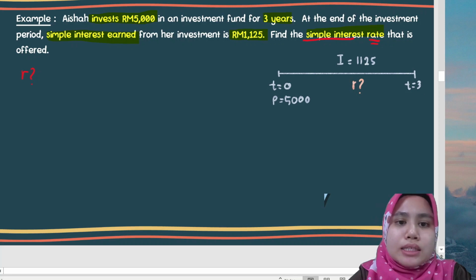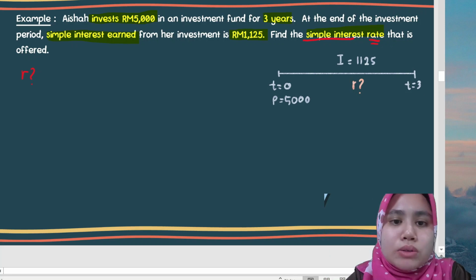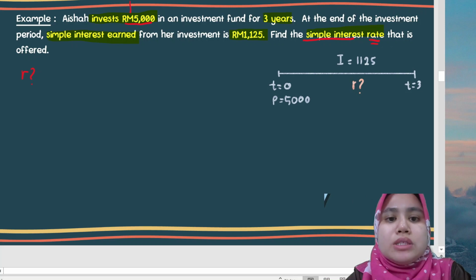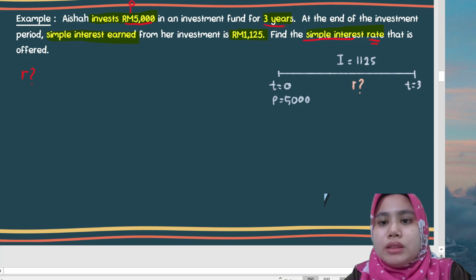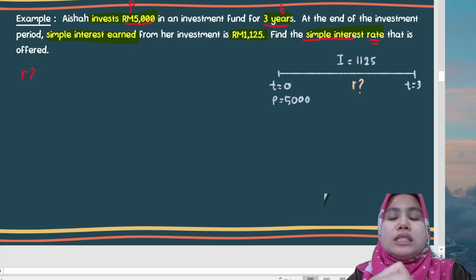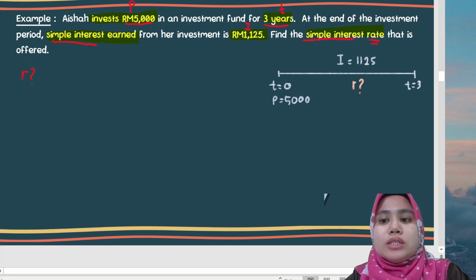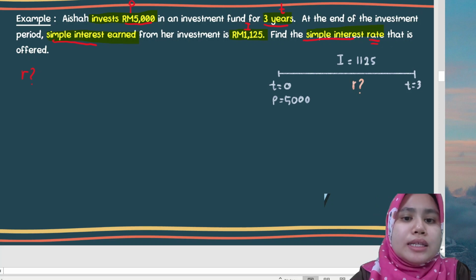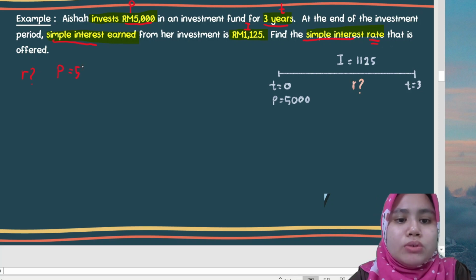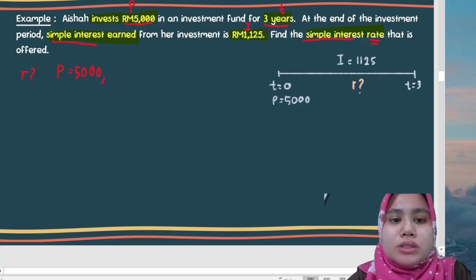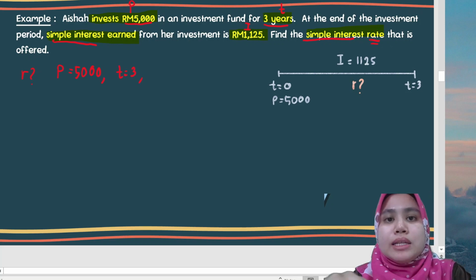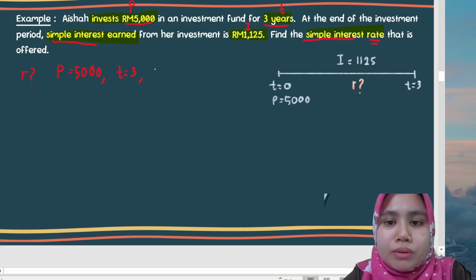Let's look at each value. Invest means your P. This is your T. Simple interest earned is your capital I. So you want to find R. Let's take out all the values. As I said earlier, it is compulsory: don't start your calculation or formula without listing all the values that you have from the question.